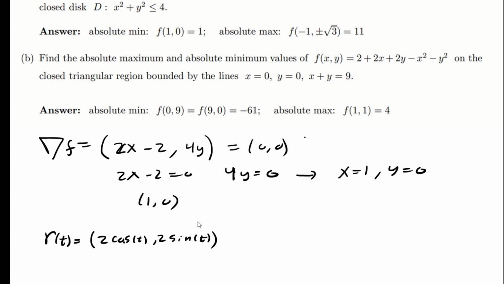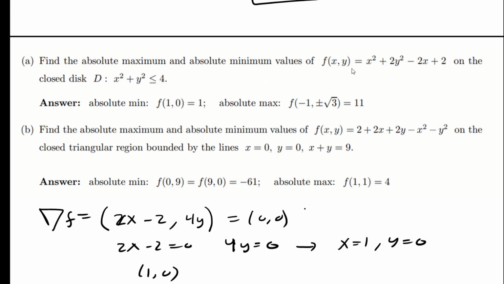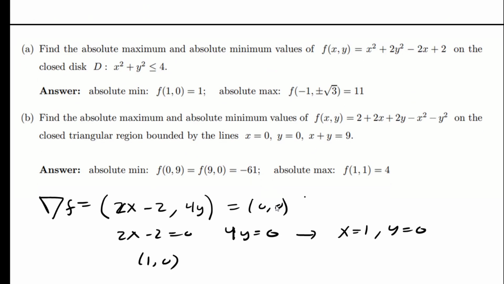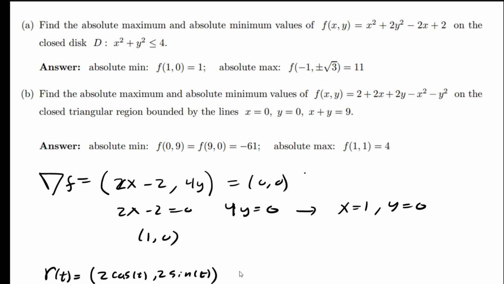So let's plug these into this function. Can I fit both? Yes, I can. So I have f of t is now 2 cosine t squared plus 2 times 2 sine t squared minus 2 times 2 cosine t plus 2.